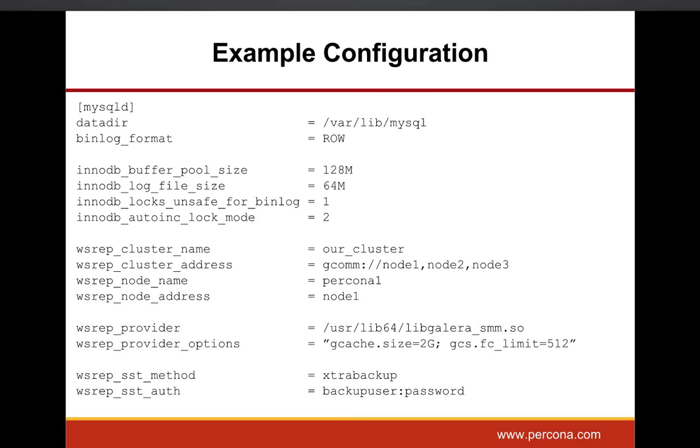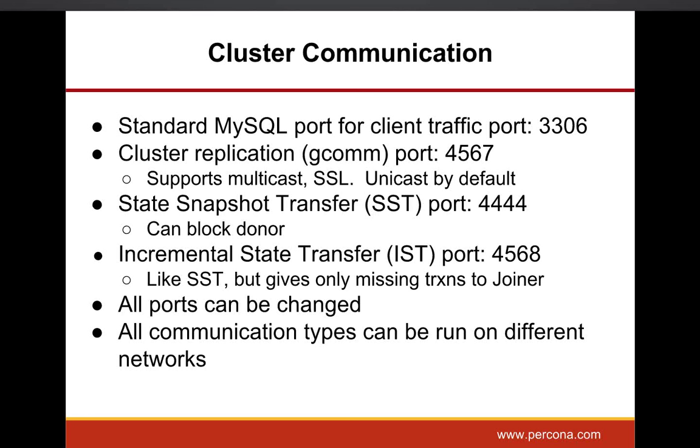The state transfers each have their own port: SSTs on 4444, ISTs on 4568. All these ports can be changed, and it is possible to configure every single one of these ports to run on a different network. Practically, most people either run everything on a single network, or they have a front-end network for MySQL clients and a back-end network for all the Galera stuff, and both are quite easy to set up with PXC.